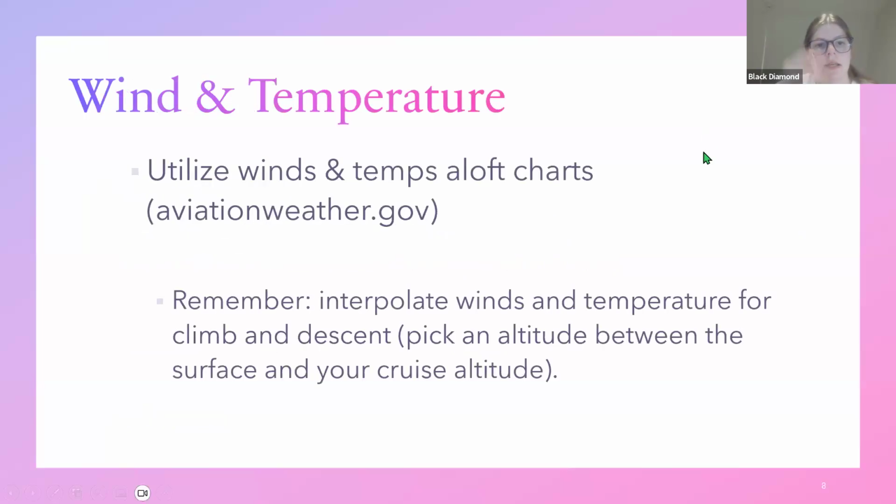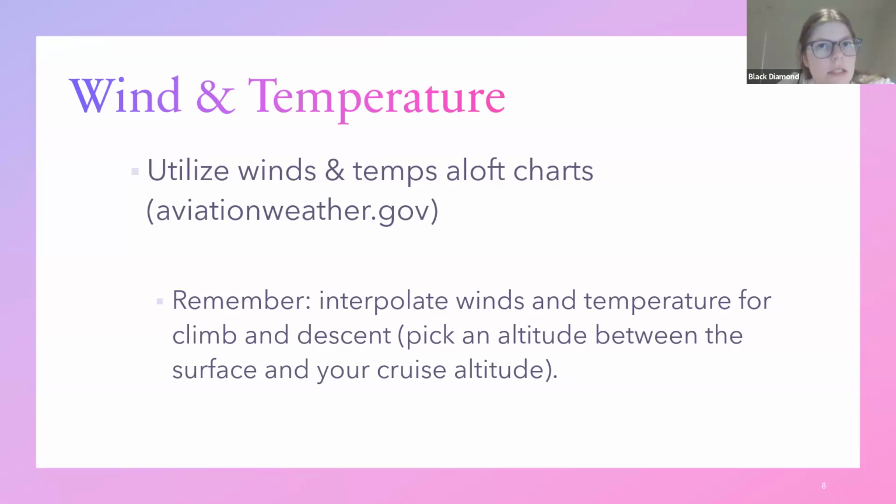Your winds and temperature. I utilize winds and temperature aloft charts. I use aviationweather.gov for flights as well, and I'm a big proponent of aviationweather.gov. Remember to interpolate winds and temperature for climb and descent, meaning pick an altitude between the surface and your cruise altitude.